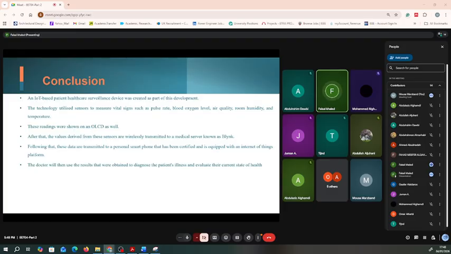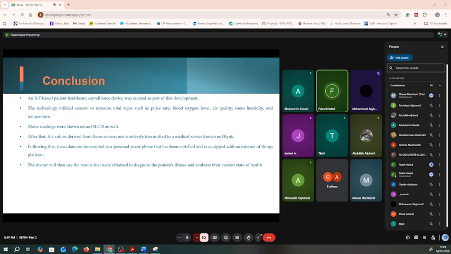The technology utilized sensors to measure vital signs such as pulse rate, blood oxygen level, air quality, and also room humidity and room temperature. Readings were shown on the LCD as well.